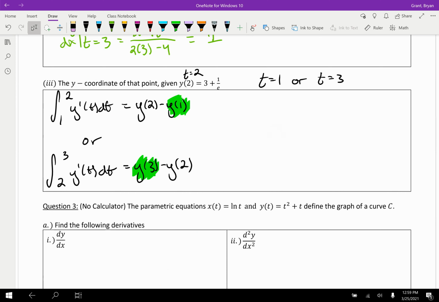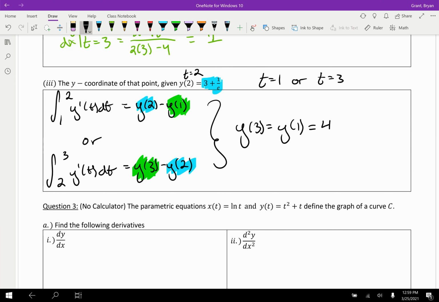If you use a non-rounded value, so if you use this exact value for y of 2, once you manipulate everything, you're going to find that y of 3 gives the same value as y of 1, and they actually give a very nice value. They give a value of 4. Ta-da!